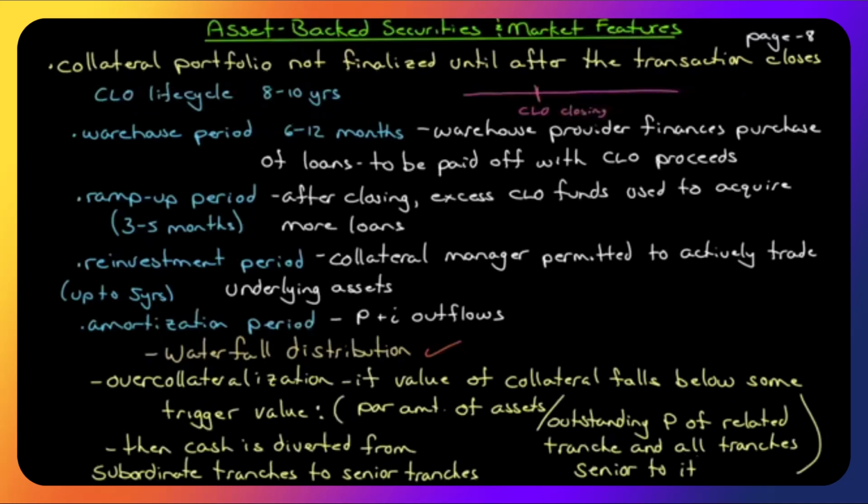Before the CLO closing date, loans are being acquired. But there are no funds from the CLO to acquire them, so you're going to need somebody to acquire them. This is called the warehouse period. It's typically 6 to 12 months. A warehouse provider finances the purchase of loans to be paid off with the CLO proceeds.